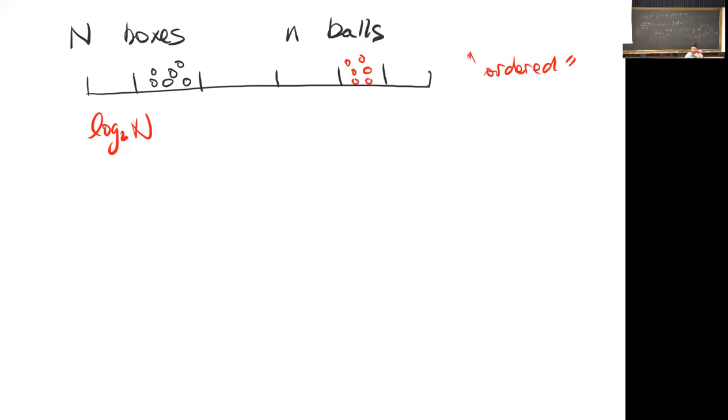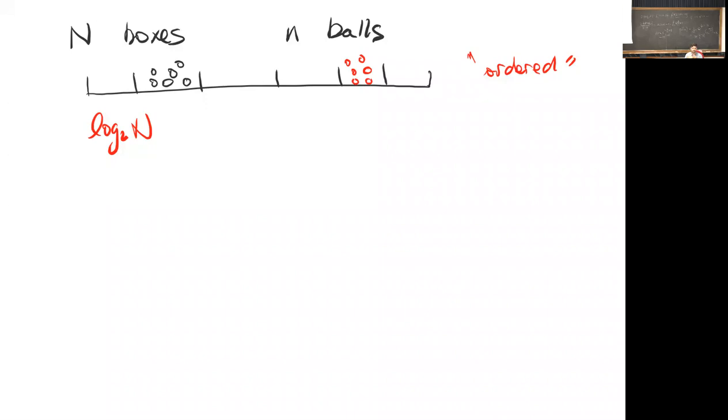So here the microstate would be the location of these balls, in which box they are. So can you find a strategy? What binary questions would you ask me if you want to converge towards the proper microstate?